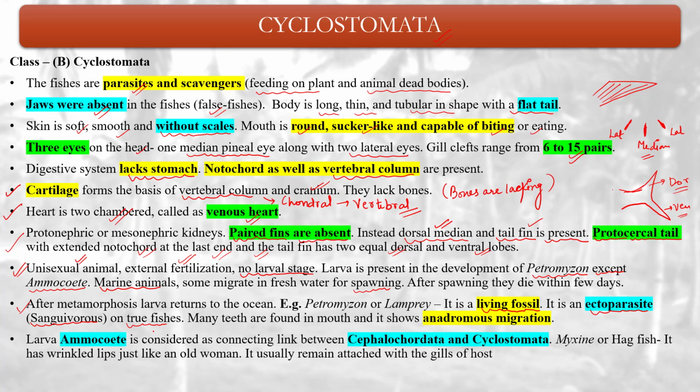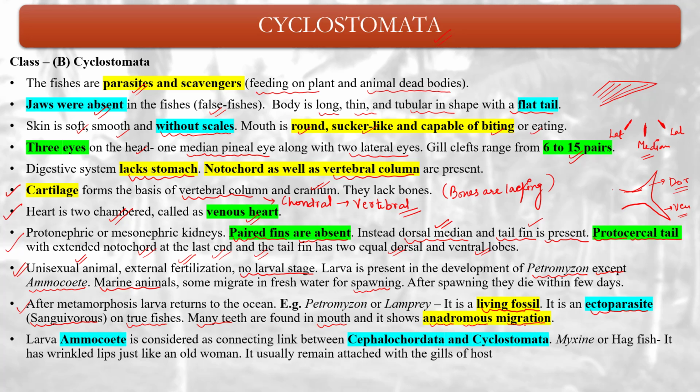It sucks blood. Many teeth are found in the mouth, and it shows anadromous migration. Anadromous migration means there are two types of migrations, which I'll talk about in a later class, moving from freshwater to ocean or from ocean to freshwater.